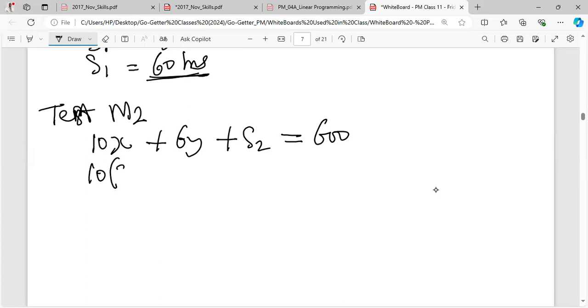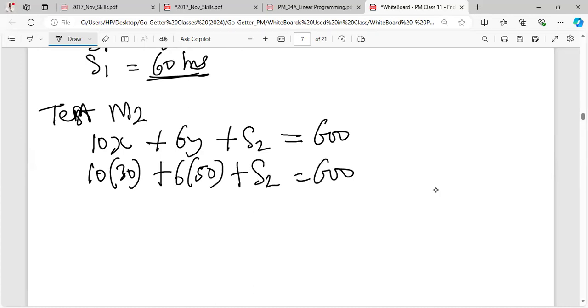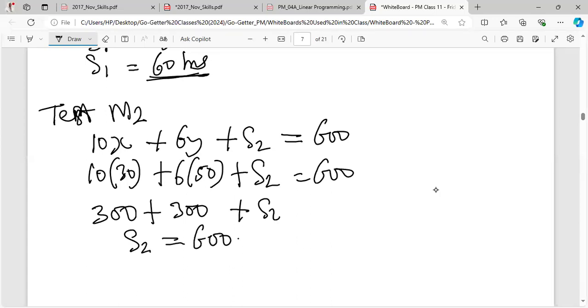So this is 10 times 30 plus 6 times 50 plus S2, that's 600. 10 times 30 gives me 300. 6 times 50 is 300. So S2 remains where it is. 600 remains where it is. 300 as a plus goes here, it becomes minus. The same thing with the other 300. So that gives you 0. No slack.